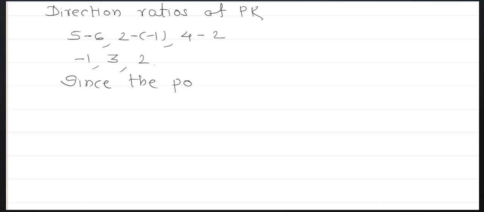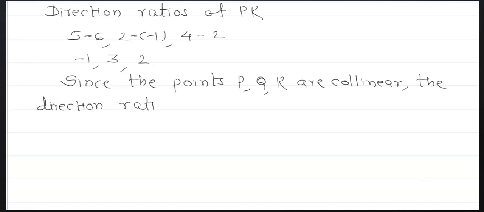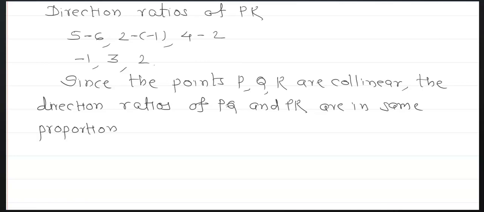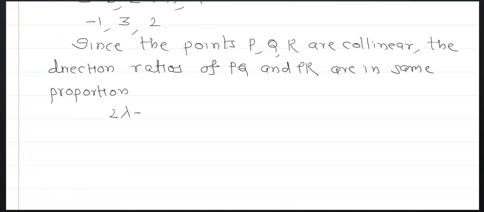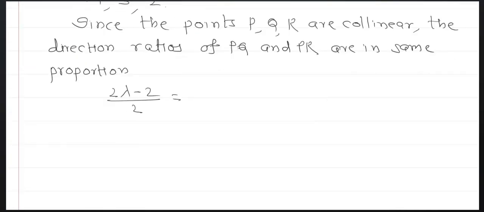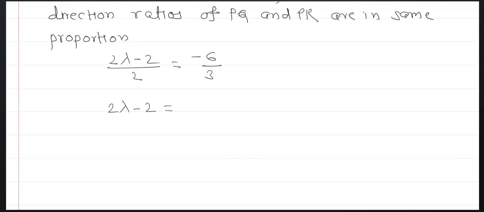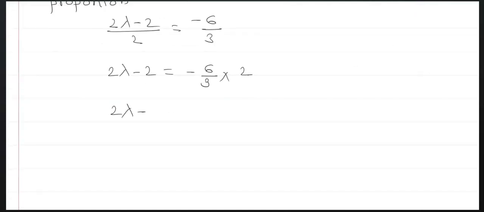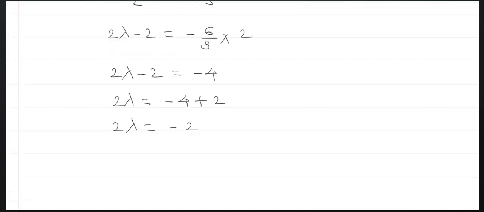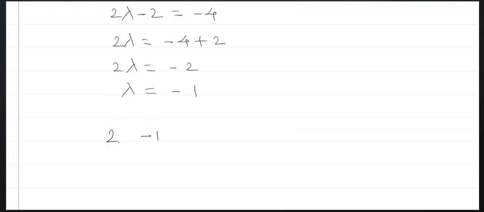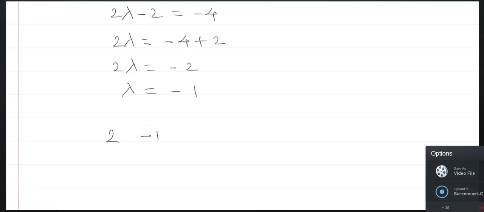Since the points P, Q, R are collinear, the direction ratios of PQ and PR are proportional, and therefore 2 lambda minus 2 upon 2 equals -6 upon 3. Equate it and find the value, therefore lambda is equal to -1. Therefore option second is correct.